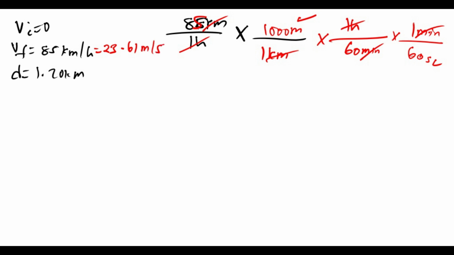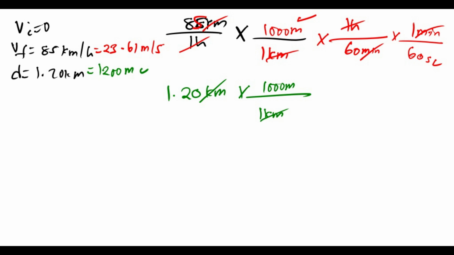Are you okay with this conversion? Yes. So 1.2 kilometers, we want to convert it. In 1 kilometer there is 1,000 meters. Kilometer and kilometer will go. So we have 1.20 times 1,000. That is 1,200 meters.